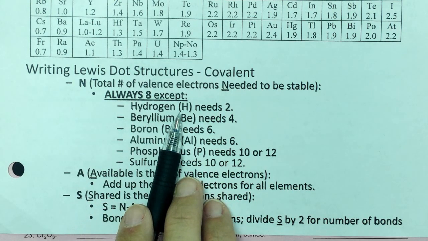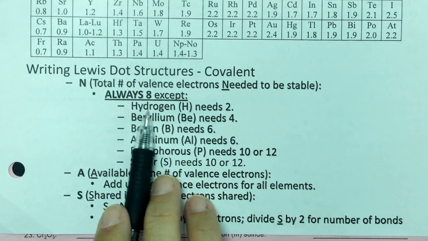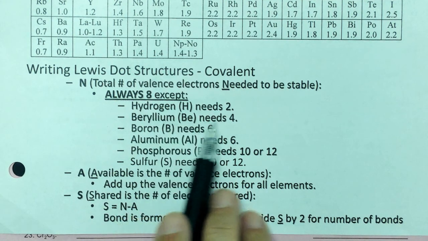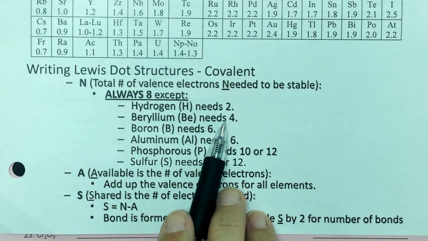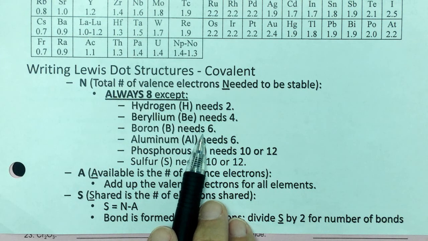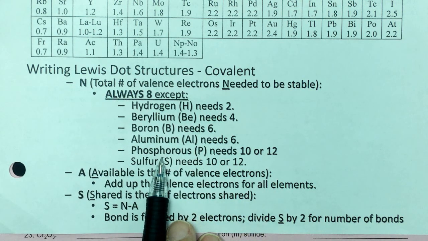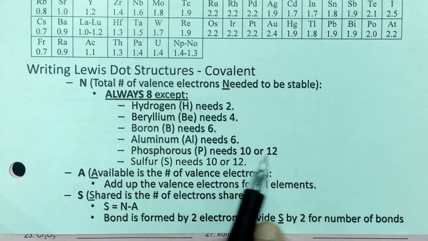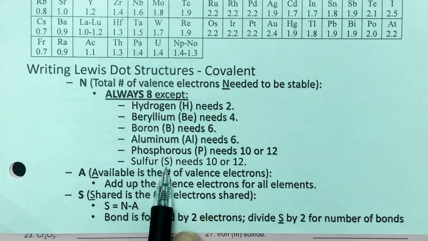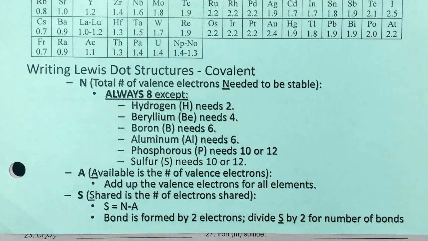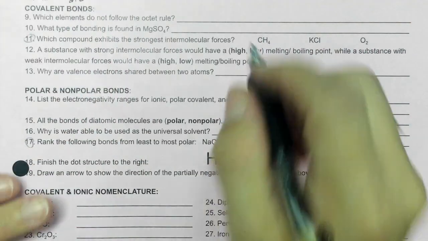Hydrogen, because it only has 1 energy level, is okay with 2 electrons. Beryllium is satisfied with 4. Boron would be satisfied with 6. Aluminum also with 6. Phosphorus would be okay with 10 or 12. Sulfur would be okay with 10 or 12. So those are your exceptions.